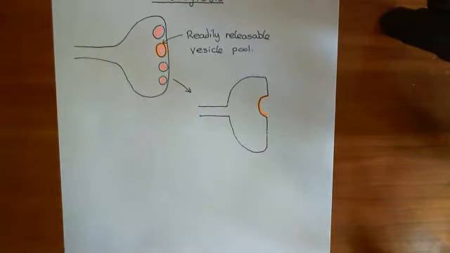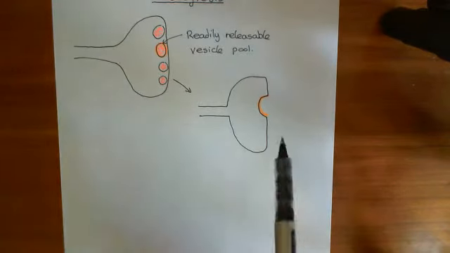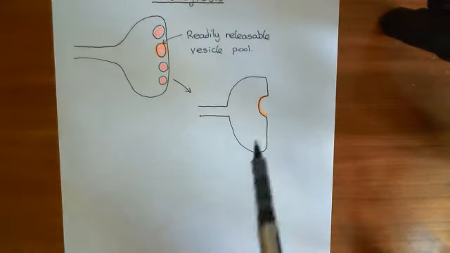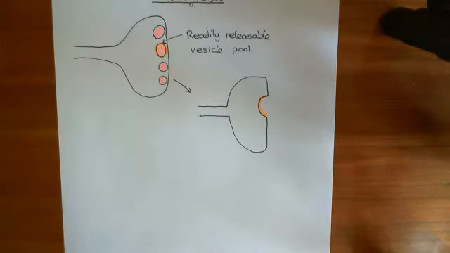So what we need to do is now discuss the recycling process. We need a way to take the membrane back out of the cell membrane and put it back into vesicles, basically, and then refill those vesicles with neurotransmitter and recycle them. We need a process of recycling.